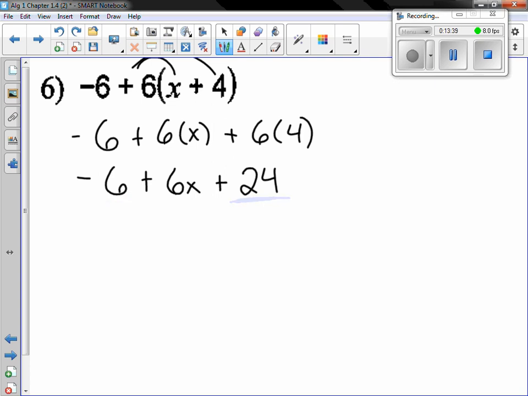No. Because numbers without variables are like, because they're the same. And any numbers that have the same variable, so just x, all the ones that just have x, are like terms. So we would combine those together. So we're going to combine these two together here and see what we get. So negative 6 plus 24 is? But we still have what? So we have 6x plus.